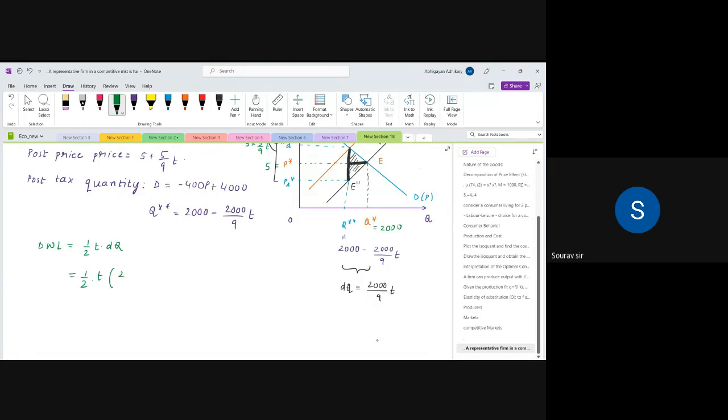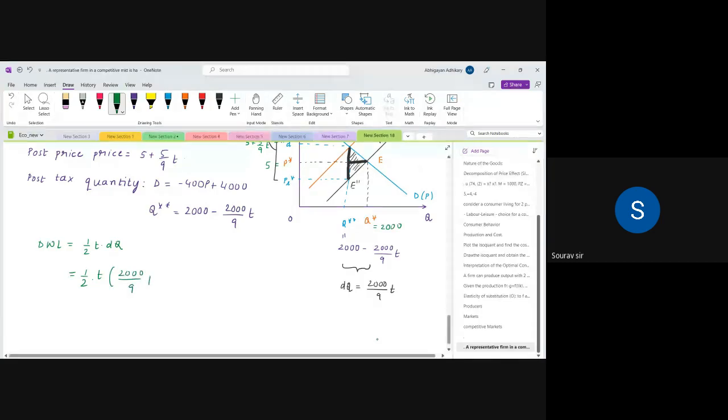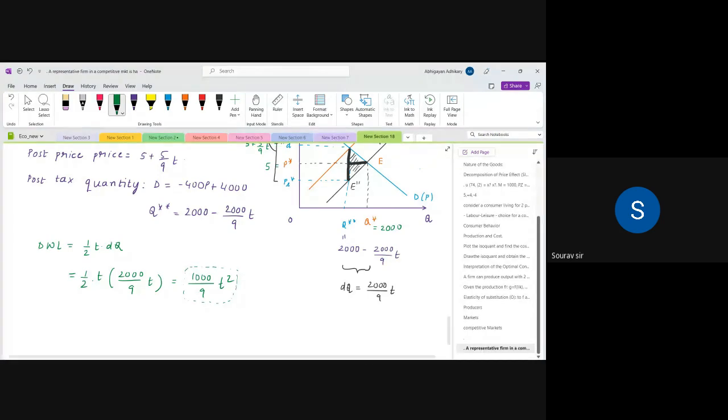DQ is basically 2000 by 90. So that will become 1000 by 9 t square. This is your total amount of deadweight loss. The more your rate of tax, greater will be your deadweight loss. That is the idea.